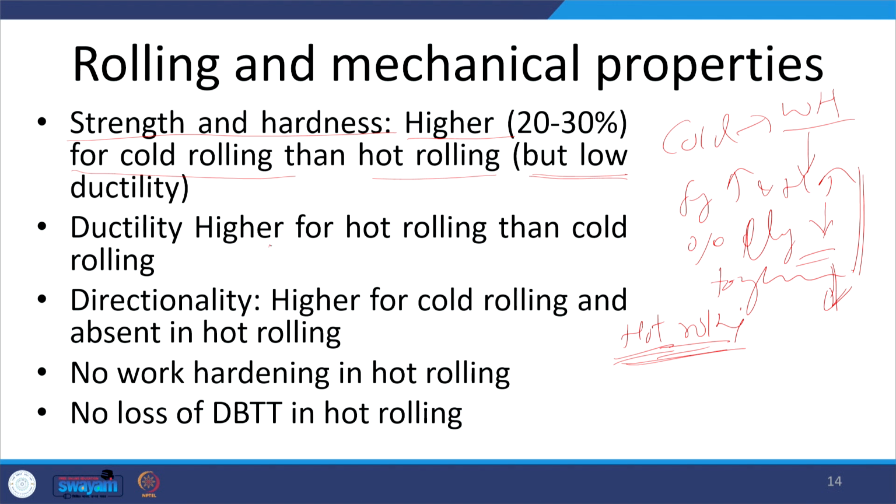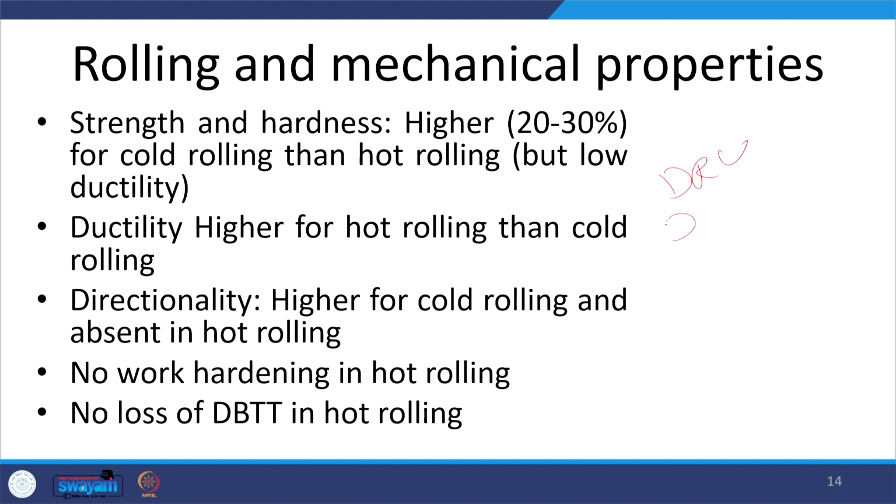Ductility is high for the hot rolled steels than the cold rolled components, and the directionality is there in case of the cold rolled, but it is absent in hot rolling because of the formation of the equiaxed grain structure. And because of the continuous dynamic recovery and the dynamic recrystallization, there is no work hardening effect which is left in hot rolling conditions, but it is already there in case of the cold rolled condition.